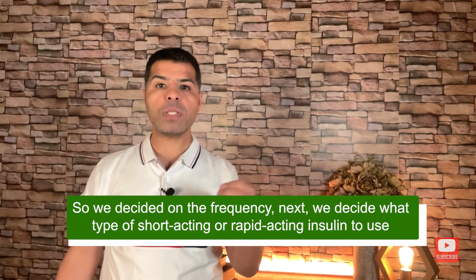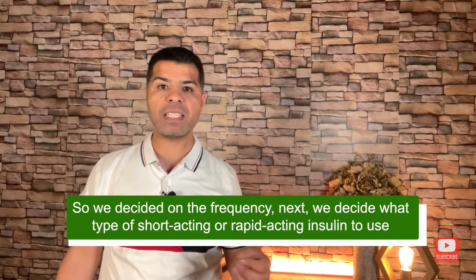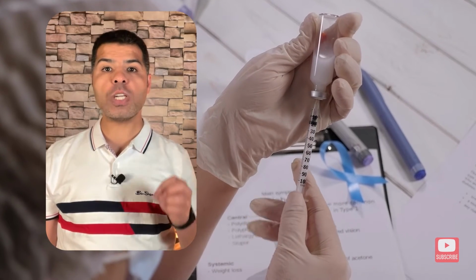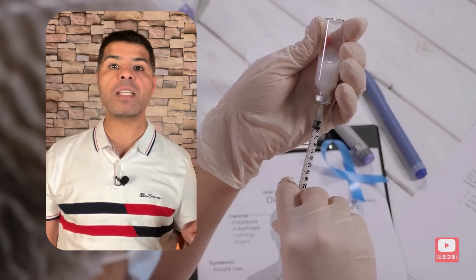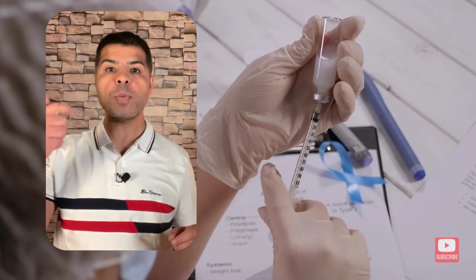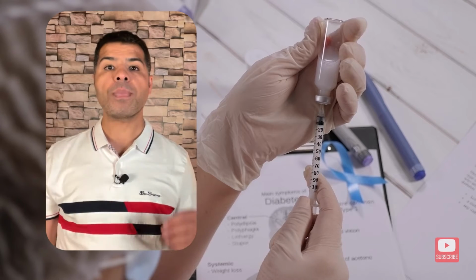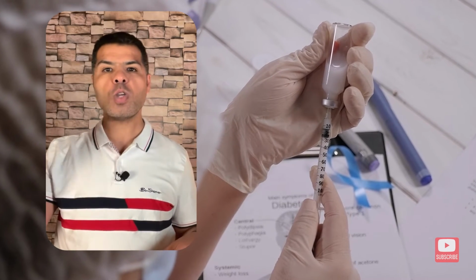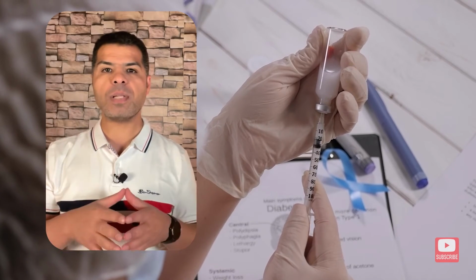Next, we decide what type of short-acting or rapid-acting insulin to use. All hospitals carry human regular insulin and usually one brand of rapid-acting insulin, mostly insulin Lispro, Humalog, or insulin Aspart, Novolog. This leaves us with two choices here: human regular insulin or Humalog or Novolog, whichever is available at our facility.